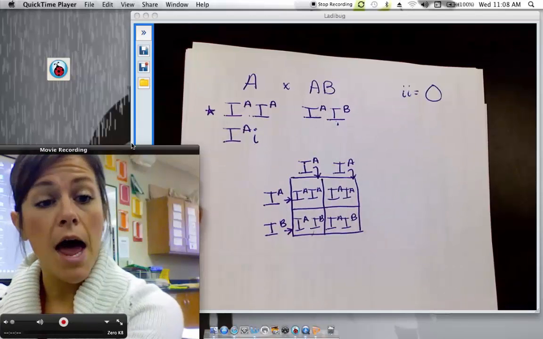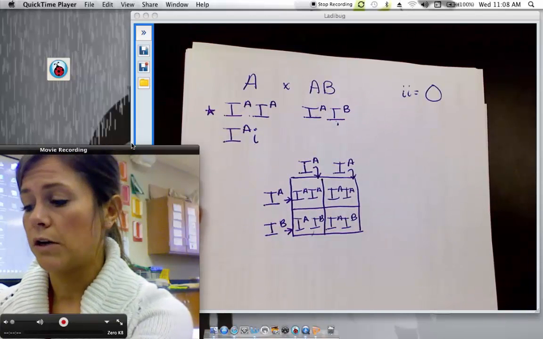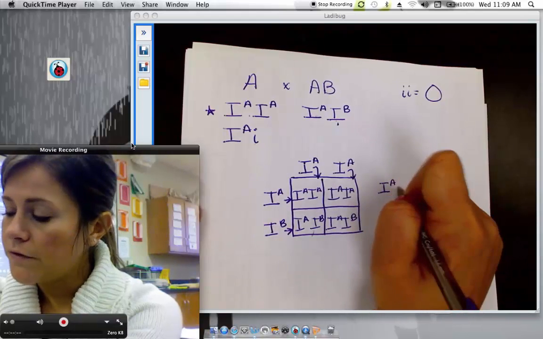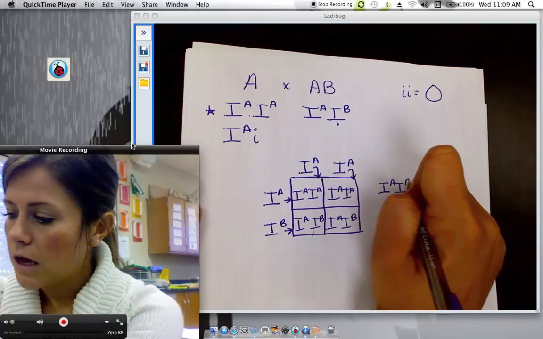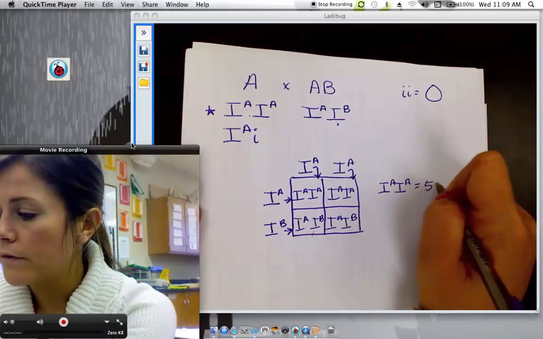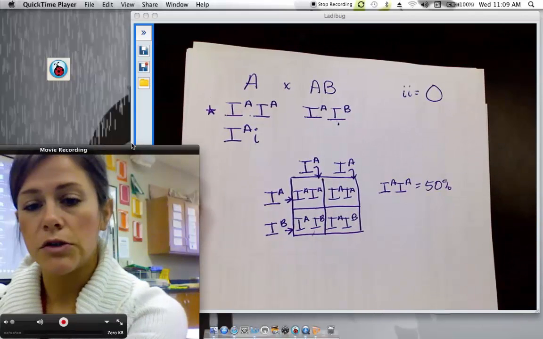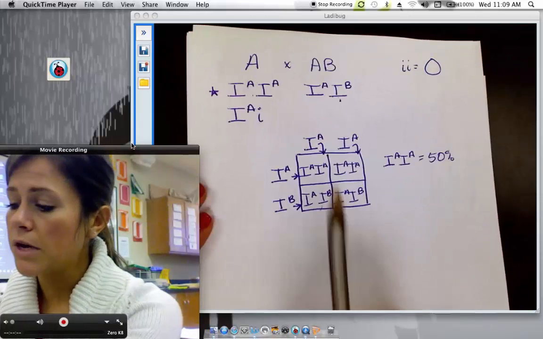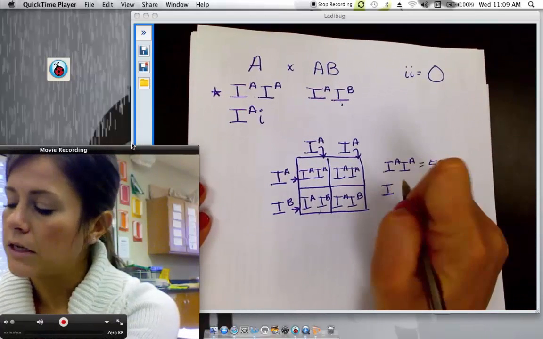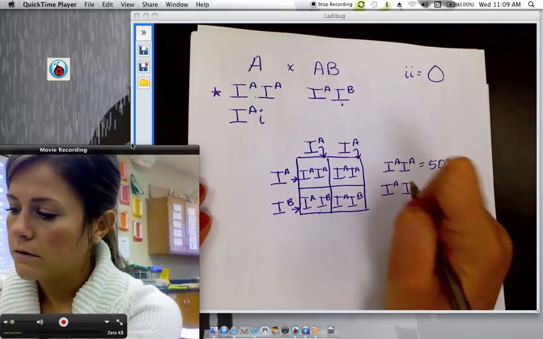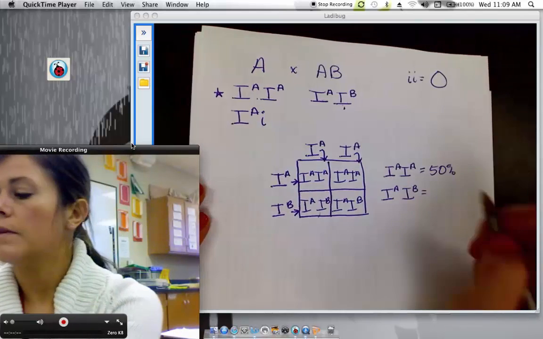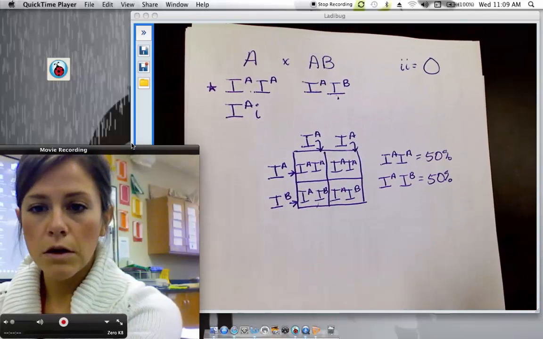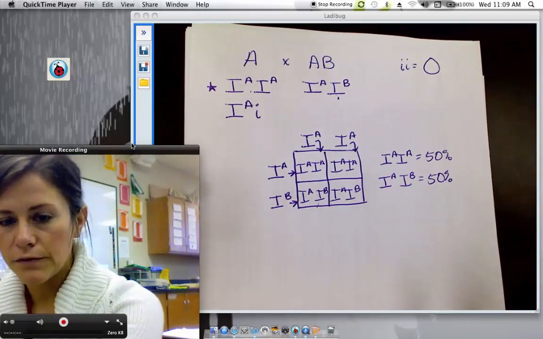So now let's go ahead and write their genotypes and their phenotypes. So we have 50% of our individuals will have this genotype, the 2 dominant I's with the superscript A's. Okay, and then we have 50% having this genotype, because we see, again, 2 of 4, or 1/2, so it's 50%.